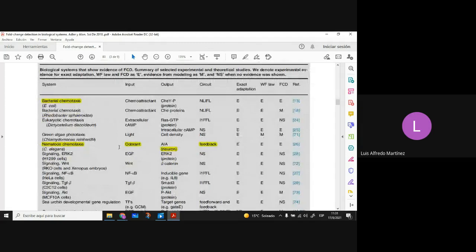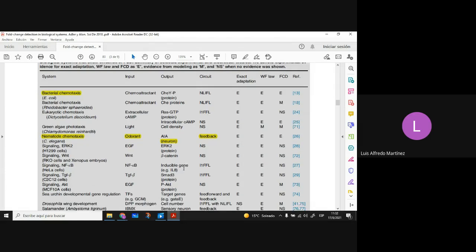And this table shows some biological systems that are FCD dynamic. For example, bacterial chemotaxis with E. coli and nematode chemotaxis, C. elegans, that satisfy the FCD dynamic, and the experiment and the computer simulation satisfy the dynamic very well.